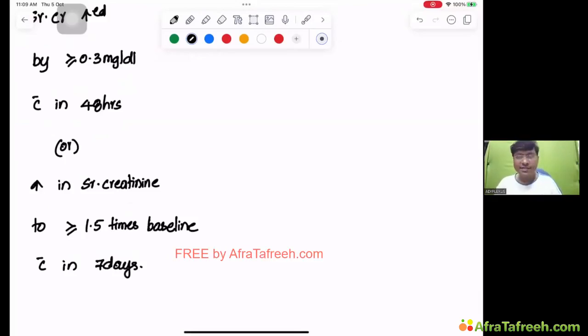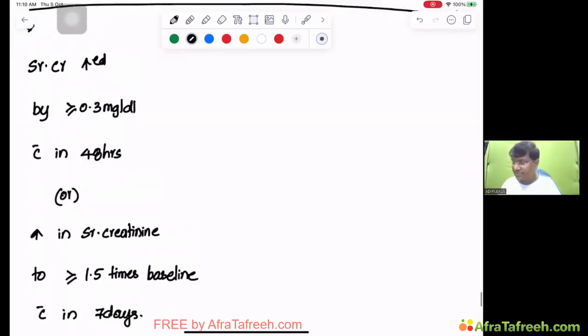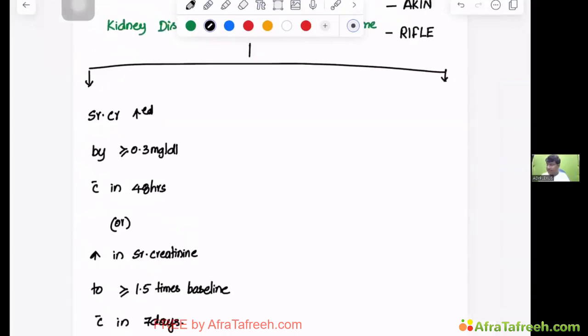Okay, so an increase in serum creatinine to more than or equal to 1.5 times the baseline within the prior 7 days. That is the definition of acute kidney injury based on the creatinine.